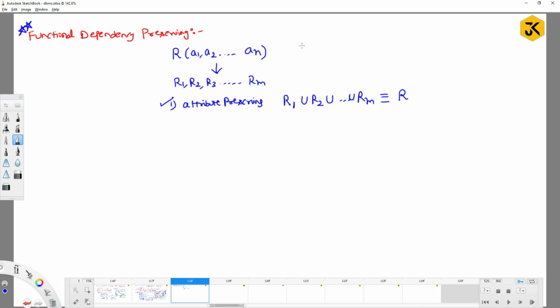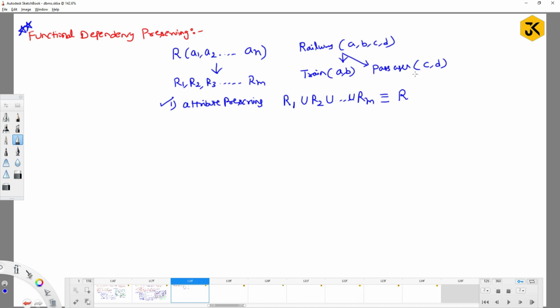For example, if there is a relation called railway having the attributes A, B, C, D, and I decompose it into train, where the attributes are A, B, and another relation passenger, having the attributes C, D. Now, is it attribute preserving or not?